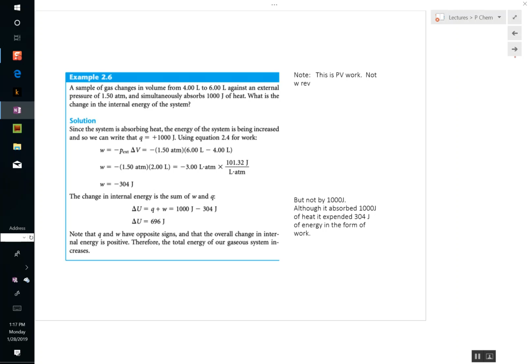So the heat and the work have opposite signs here. The system is absorbing, adding 1,000 joules to the system. It's losing 304 joules doing work on the surroundings, presumably a piston.